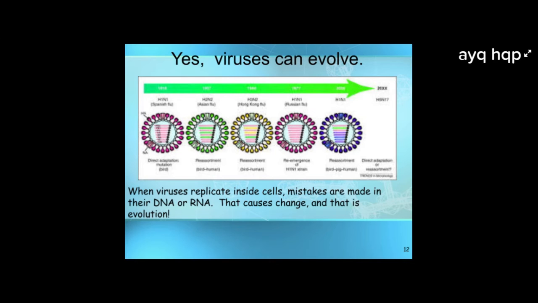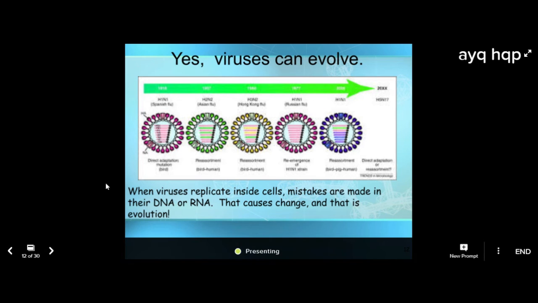So you won't even feel the symptoms because your immune system already said, oh, I recognize that, I can fight that right away, right? So that's how vaccines work, and that's why vaccines are so important. And they are important because you have viruses that can evolve, right? So when they change, then you need a new vaccine.